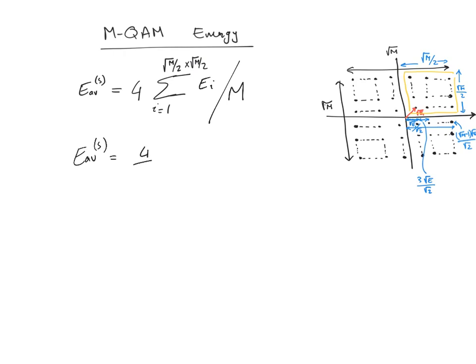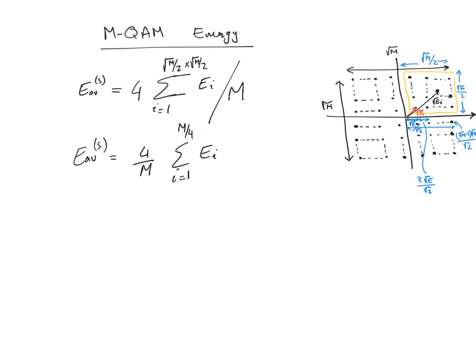4 divided by M, the summation from I equals 1 up to M over 4, and what you have inside is EI. And what's EI? For any general point here, EI is the square of this length. And how you can calculate that, as I described, you can calculate it from the square of the x component plus the square of the y component.